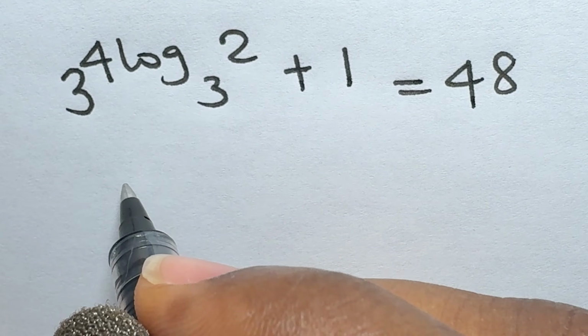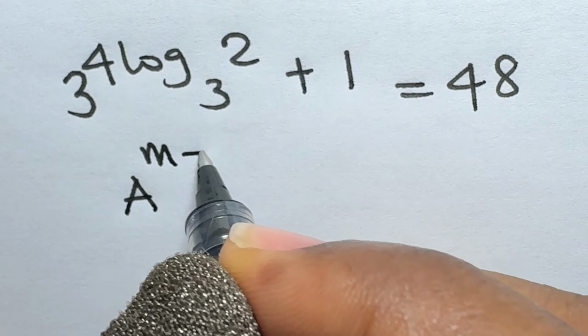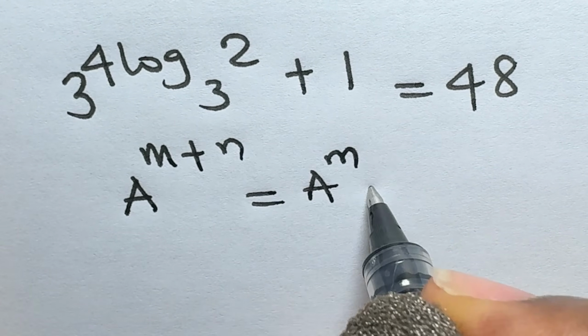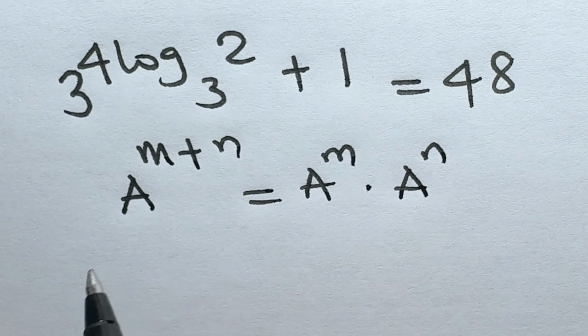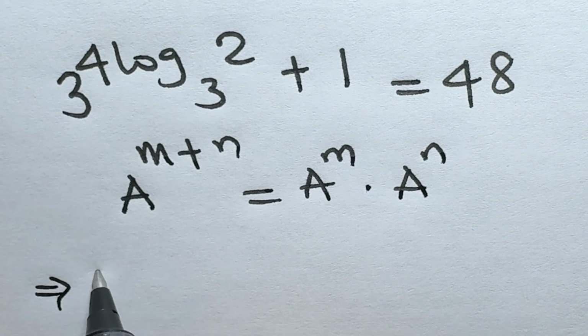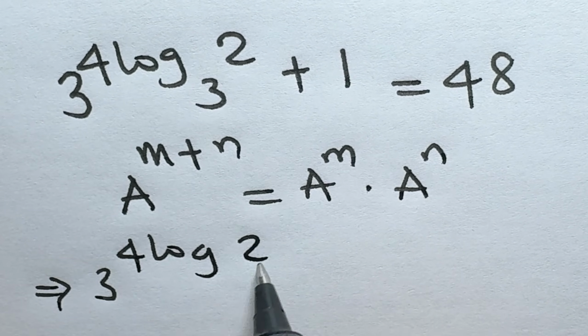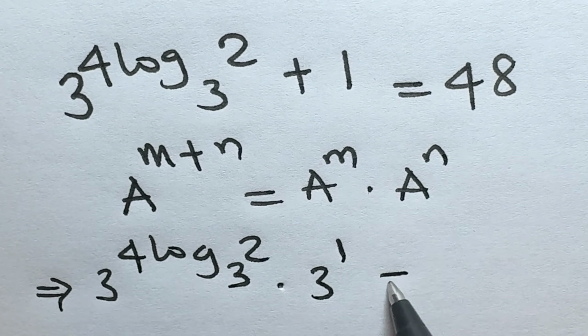To do that, I'm going to apply this law of indices: a raised to power m plus n will give us a raised to power m times a raised to power n. So this becomes 3 raised to power 4 log 2 base 3 times 3 raised to power 1 to give us 48.